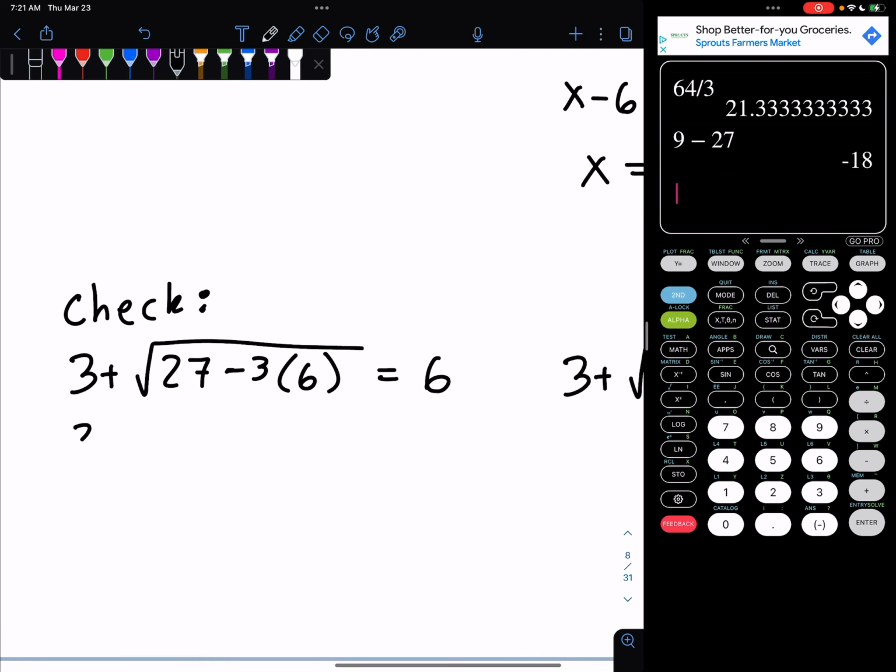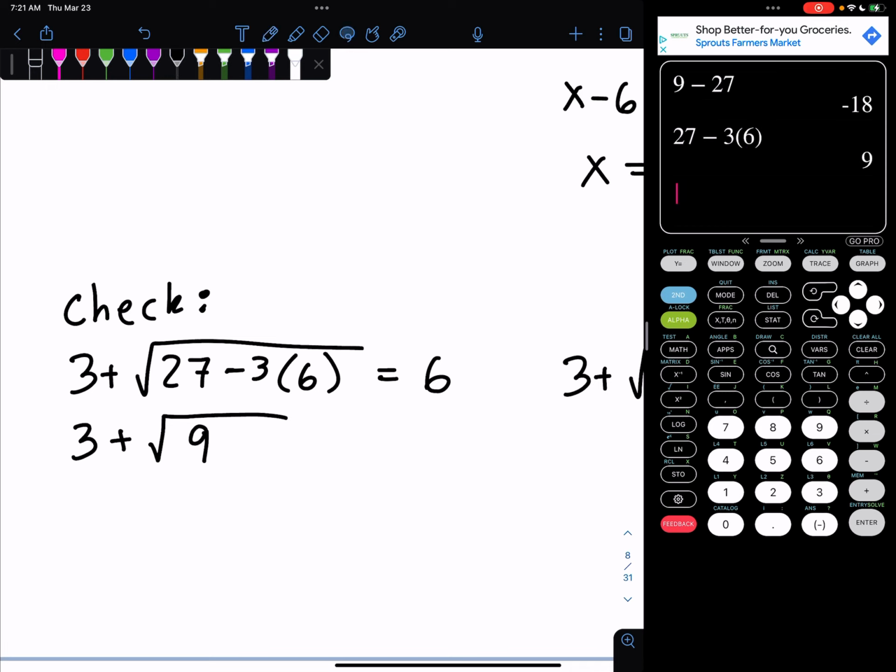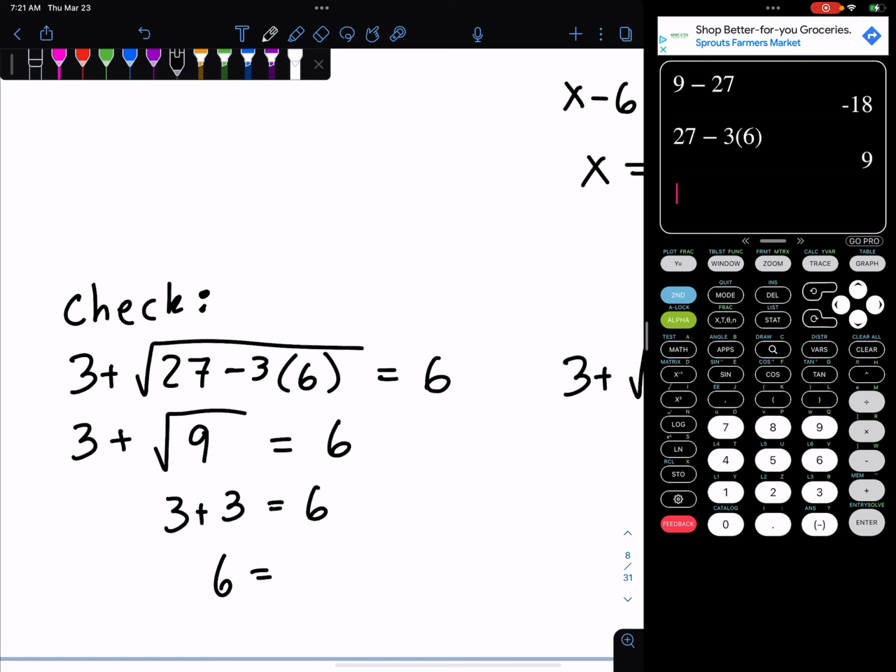This would be 3 plus square root of 27 minus 3 times 6 is 9. Square root of 9, okay. Is equal to 6, so 3 plus 3 is equal to 6. 6 is equal to 6. Check, that one does work.